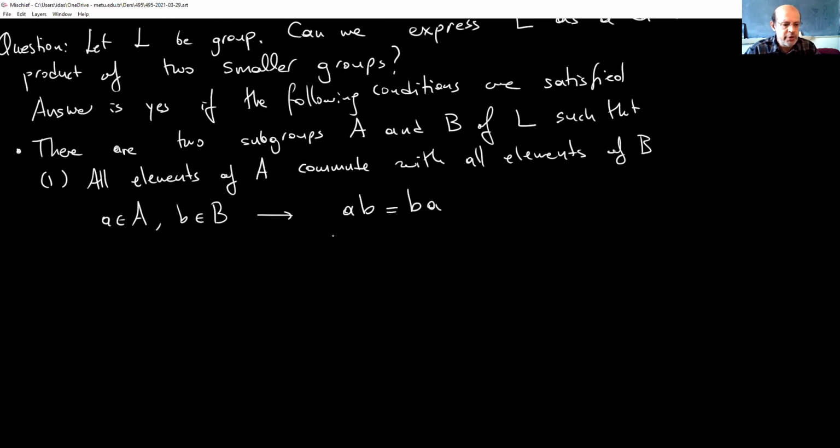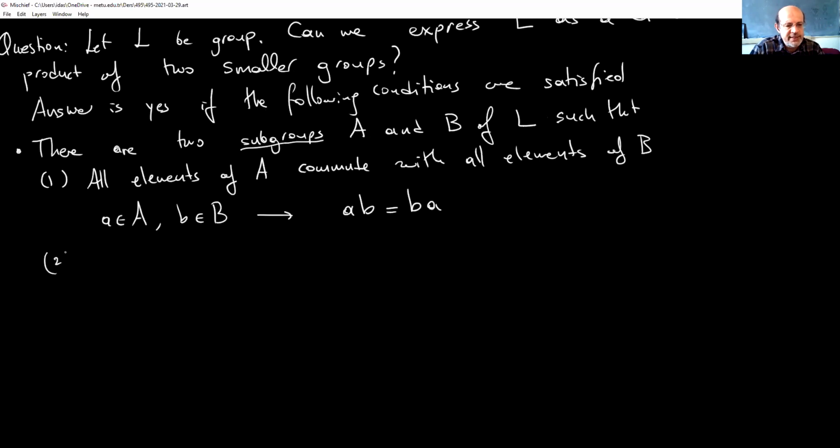I'm going to use the same multiplication symbol for all situations, because we are specifically talking about the group operation within the group L. L is the group, so the operation is defined on there. The group operation inside A and inside B are the same. So there are these two subgroups, and their corresponding elements commute.